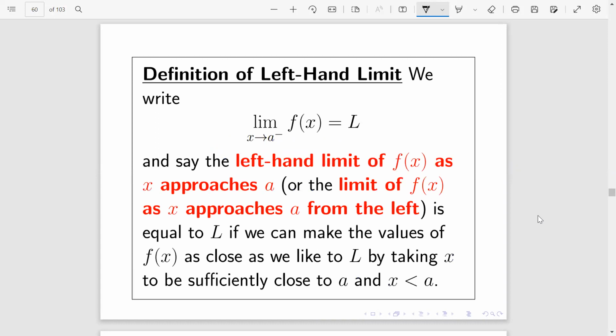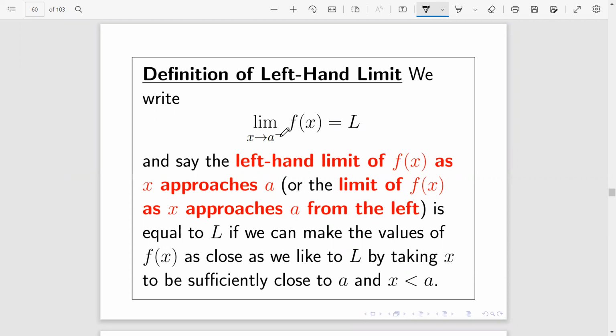So the one-sided limits, let's maybe define them first. As you can see from here, we have this negative here as an exponent, but it's not an exponent. This is just a notation. In the previous example, we didn't have this negative, because we were looking at the limits both from the left and from the right.